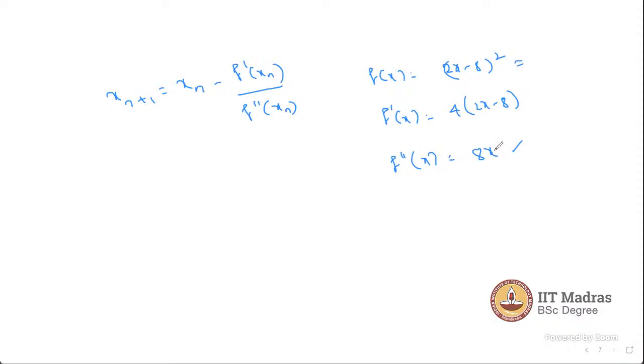Yes, it is only 8. So xn plus 1 equals xn minus f dash of xn by f double dash of xn. We are getting f double dash of x equal to 8 irrespective of x. So what is the value of 1 by f double dash of x?